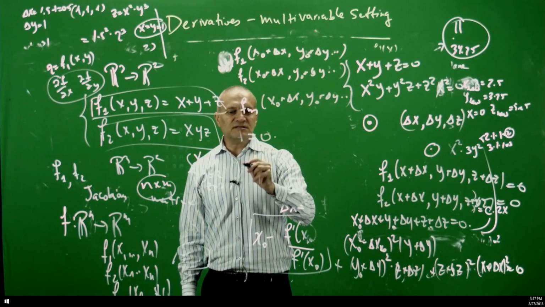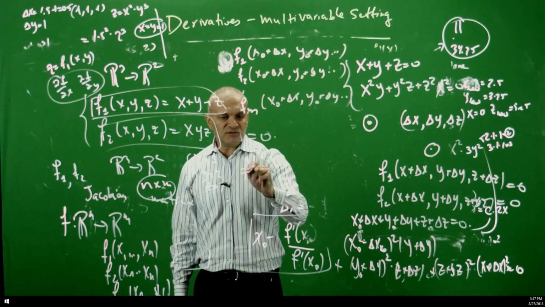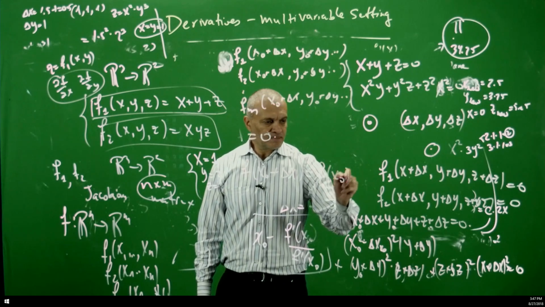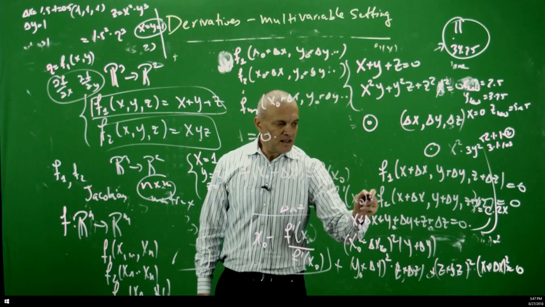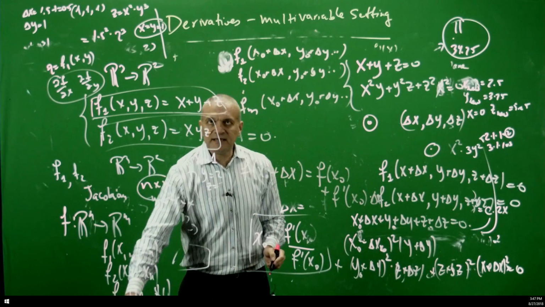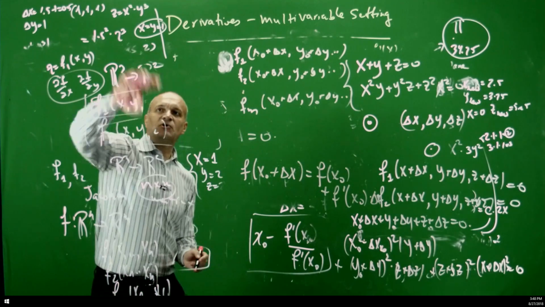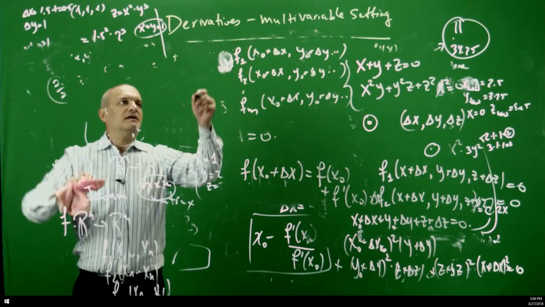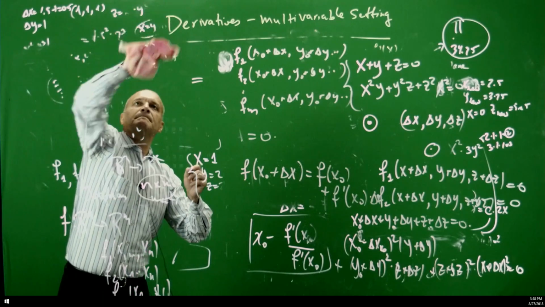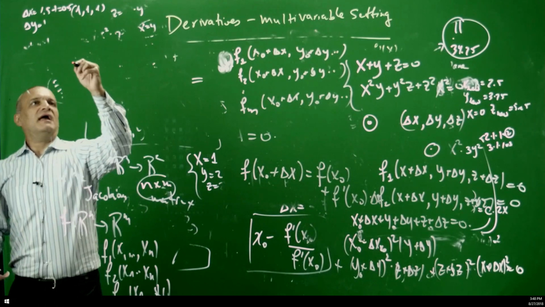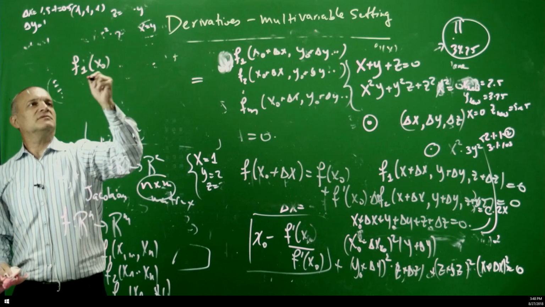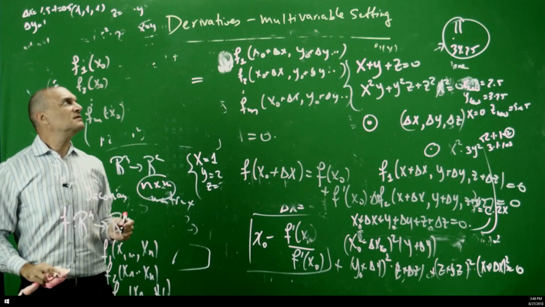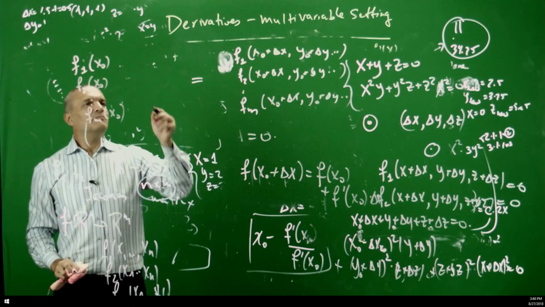I will replace the formula f of x0 from the one-dimensional case with the following. This is going to be the vector f1 of x0, f2 of x0, up to fm of x0, plus the Jacobian of my matrix multiplied by the difference.